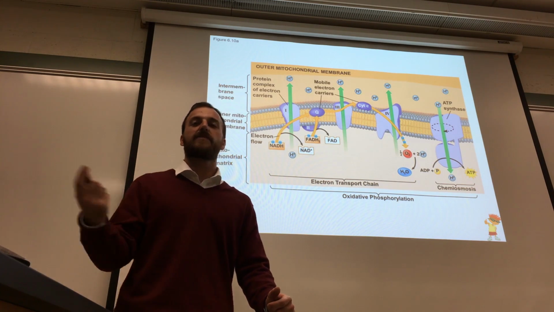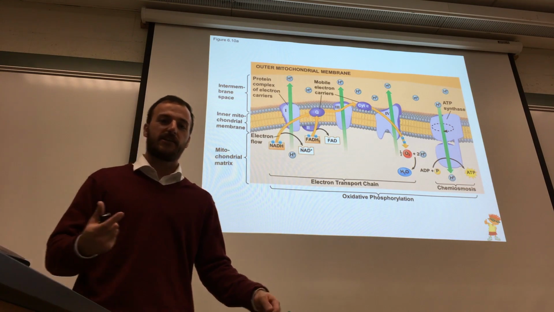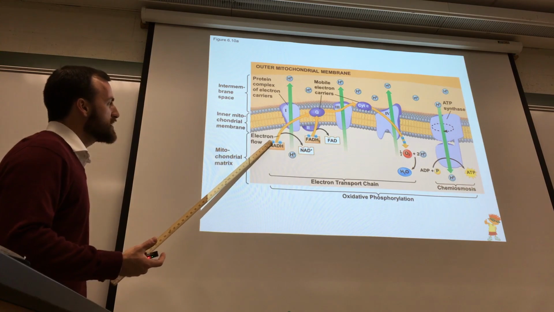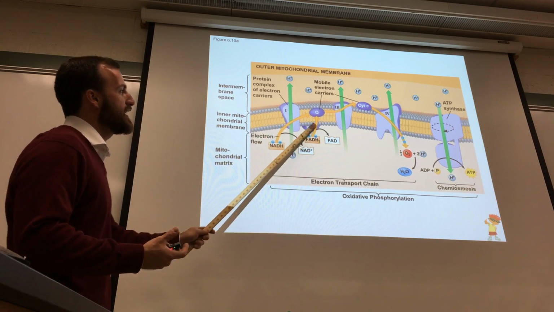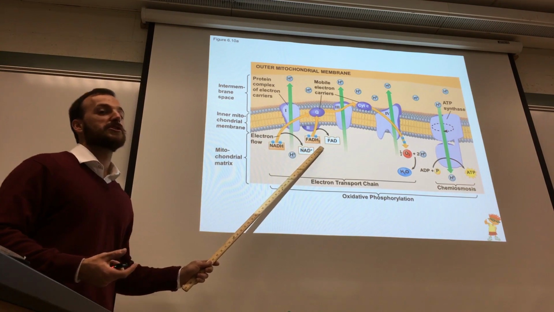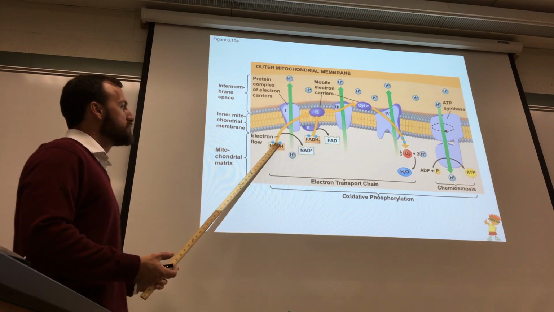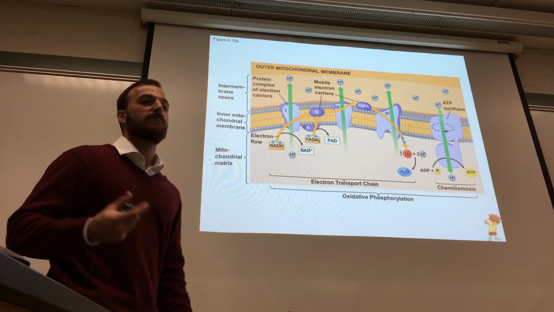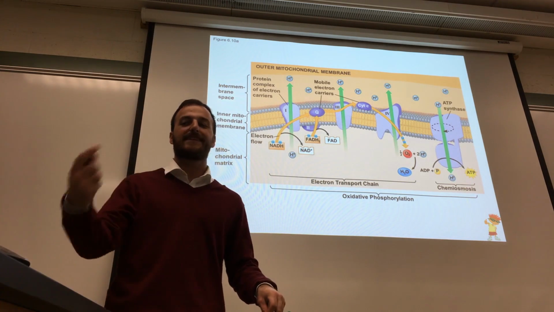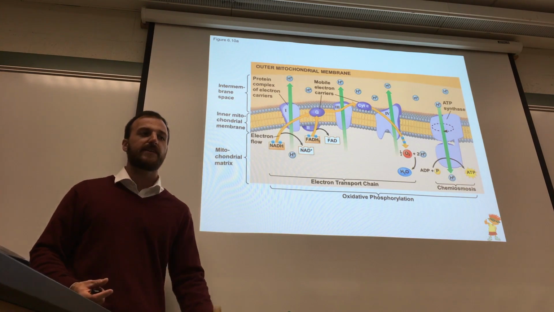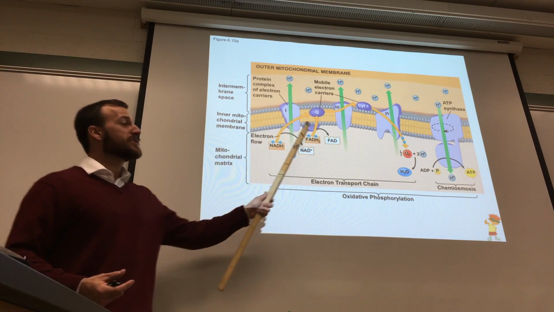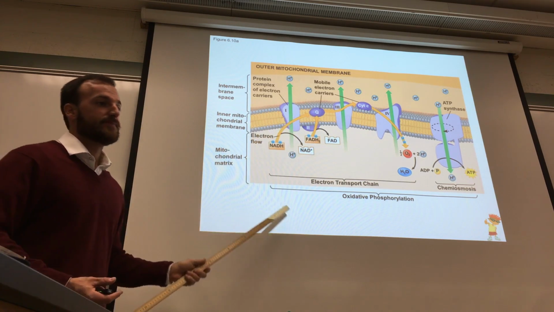Oxidative. So, that has something to do with oxidation. Okay, if we look here at NADH and FADH2, we should note that they are both losing electrons. Remember, losing electrons is oxidation. That is the start of our process. Okay?